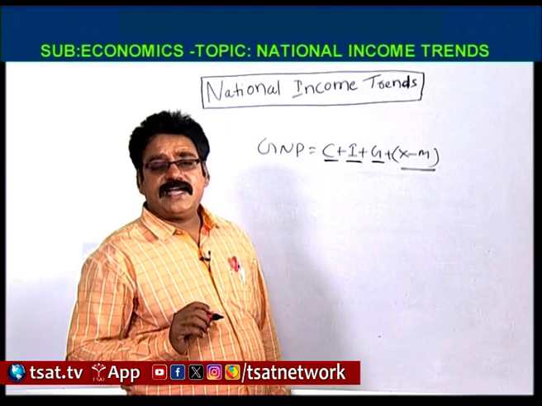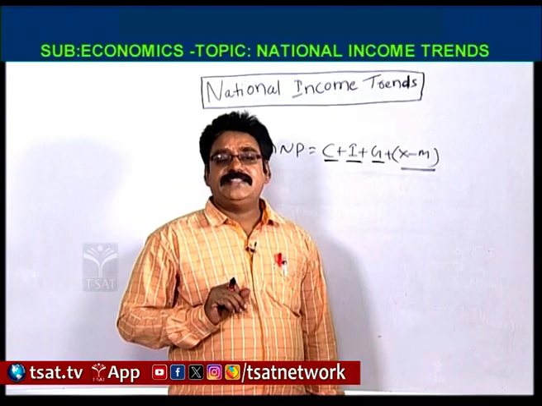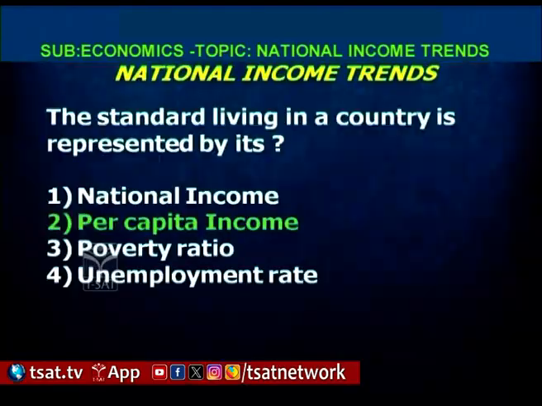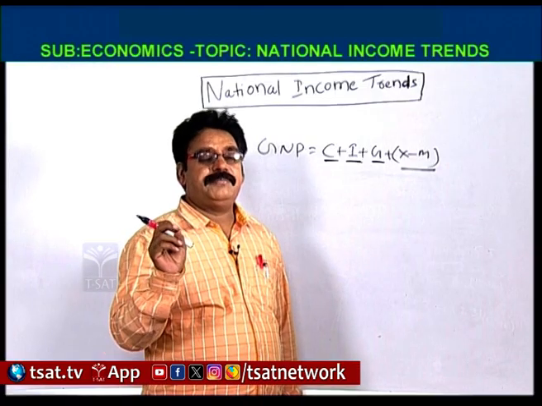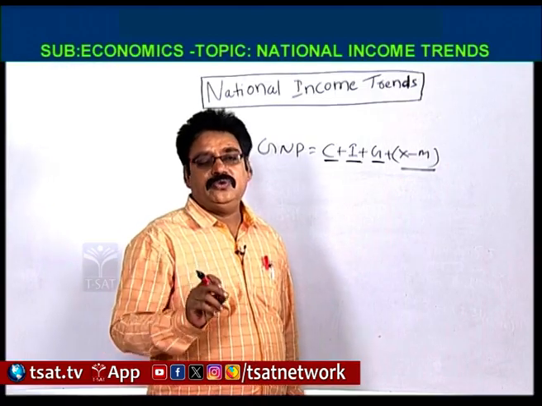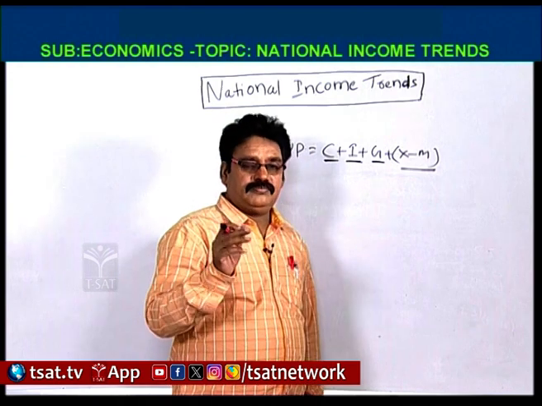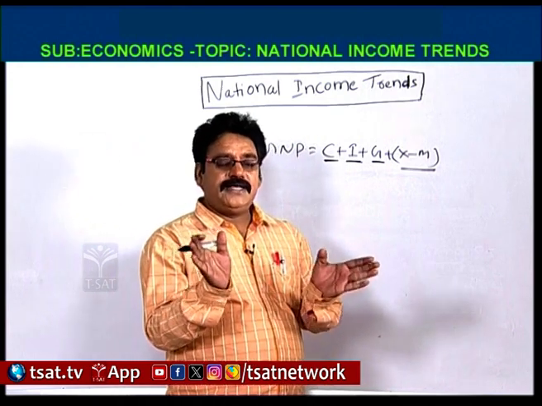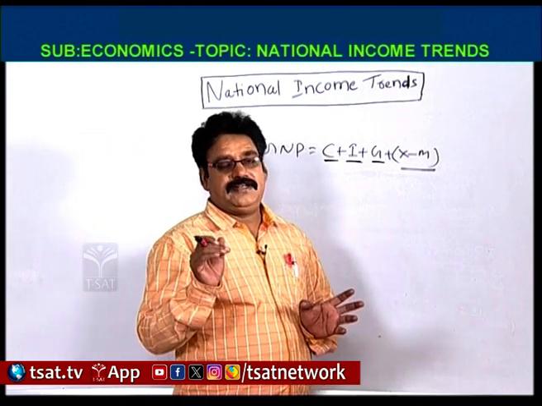Next, the standard of living in a country is represented by the standard of living of a person. How can we assess the standard of living in one country? With the help of per capita income itself. Per capita income explains the standard of living of a person.